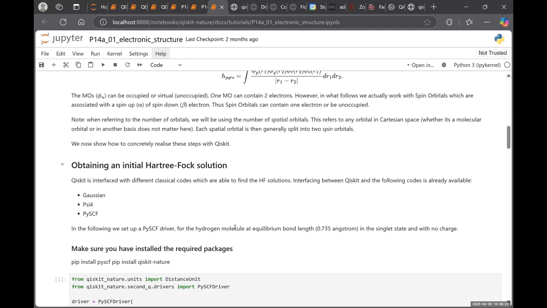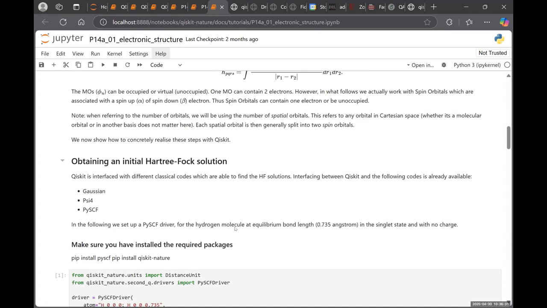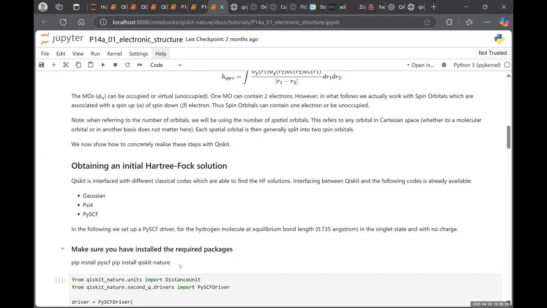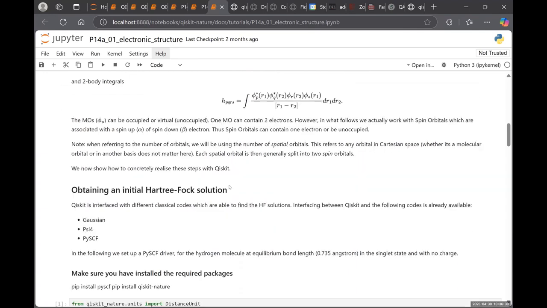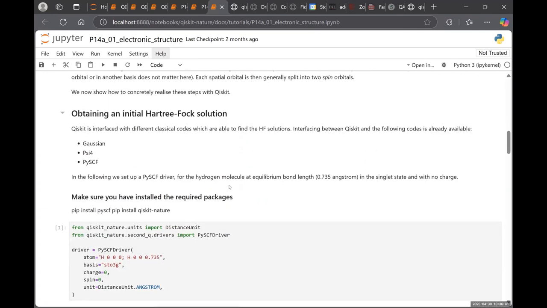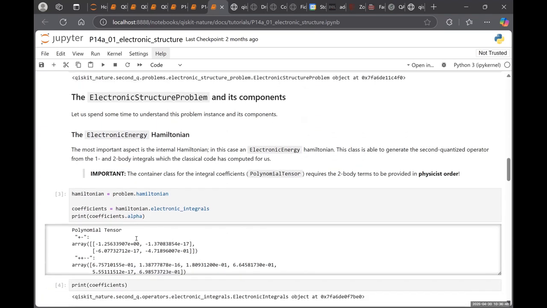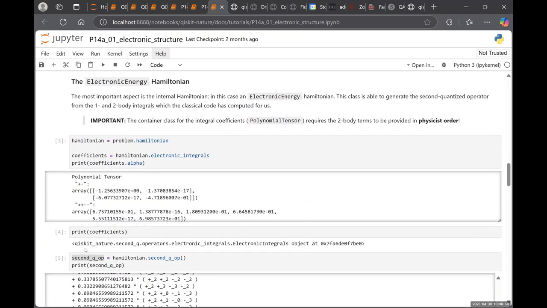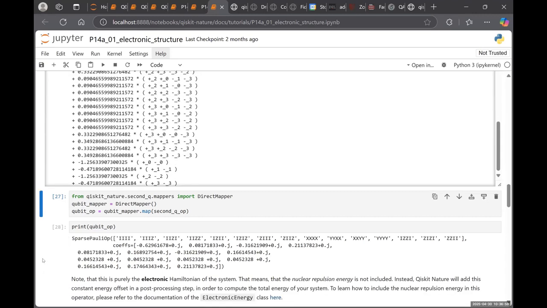So you can just say, okay, maybe I can live with using a package to get these coefficients, one-body, two-body integrals, then it's fine. You don't need to understand too much. You just need to know how to run and get these coefficients. Then you can set up a quantum problem. Once you get a Hamiltonian and you map to qubits, then you can do it with a quantum computer in principle.